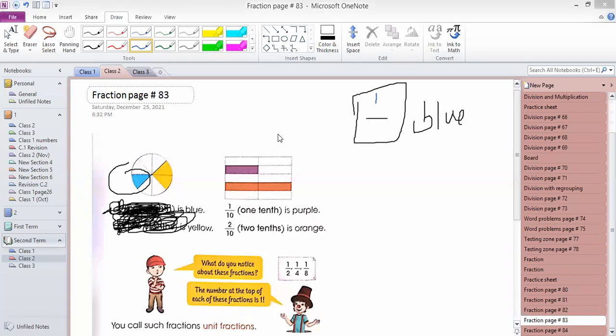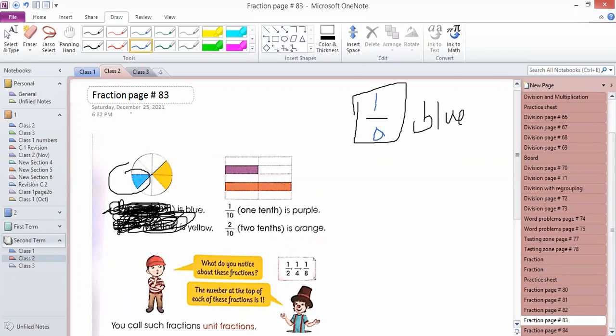What will be the fraction? No, 1 plus denominator 1. And down, denominator 0. You mean 1 over 0 is a fraction?